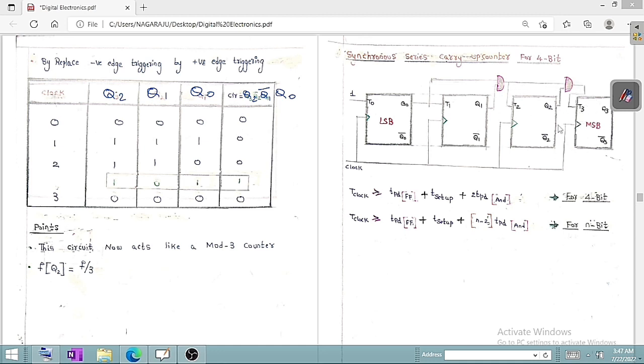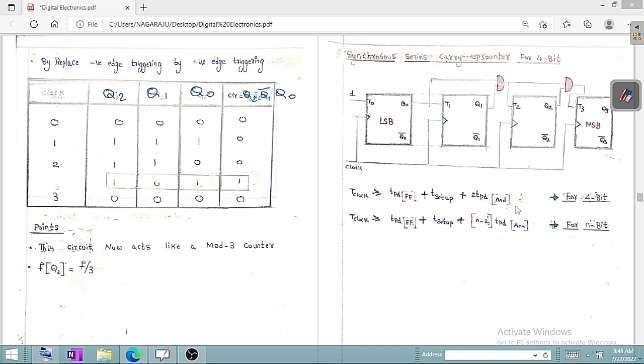With the help of this circuit, whatever diagram we are going to give, it is basically an up counter. You can see clearly that T clock should always be equal to the propagation delay of the flip flop plus the setup time plus 2 times the propagation delay of the AND gate. You can see clearly these are the 2 AND gates, so 2 into the propagation delay of each AND gate. This is for 4 bit.